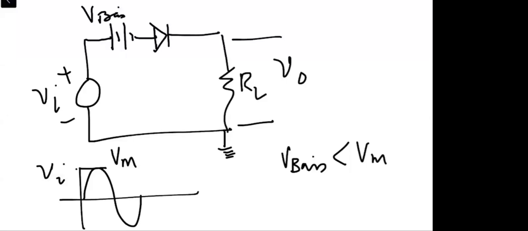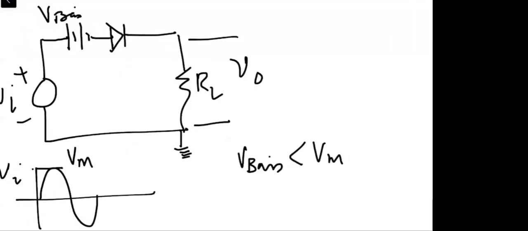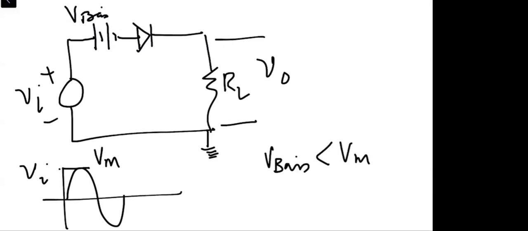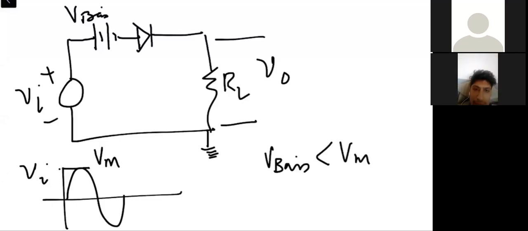For the positive half cycle, as long as the input is less than V bias, the diode will remain an open switch. Why? Because the negative side of V bias is connected to the P side of the diode. So as long as the input is less than V bias, the diode will remain an open switch.